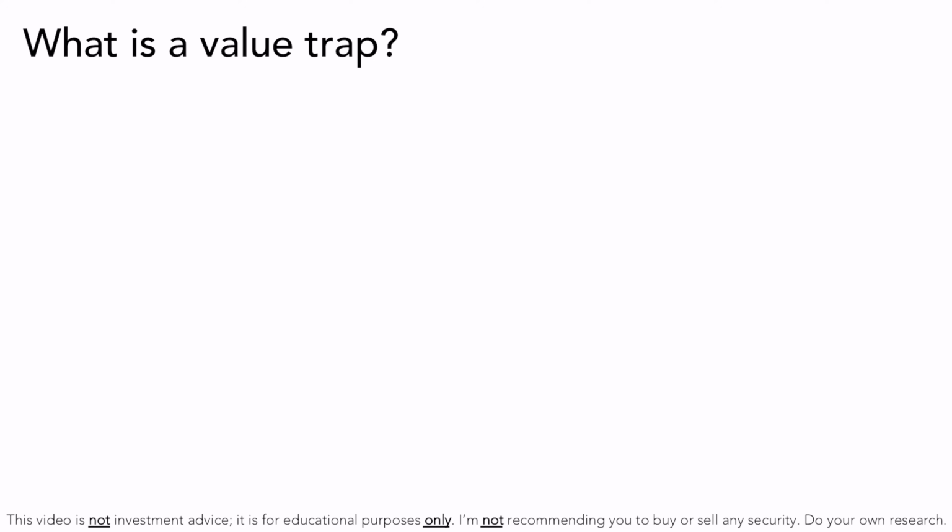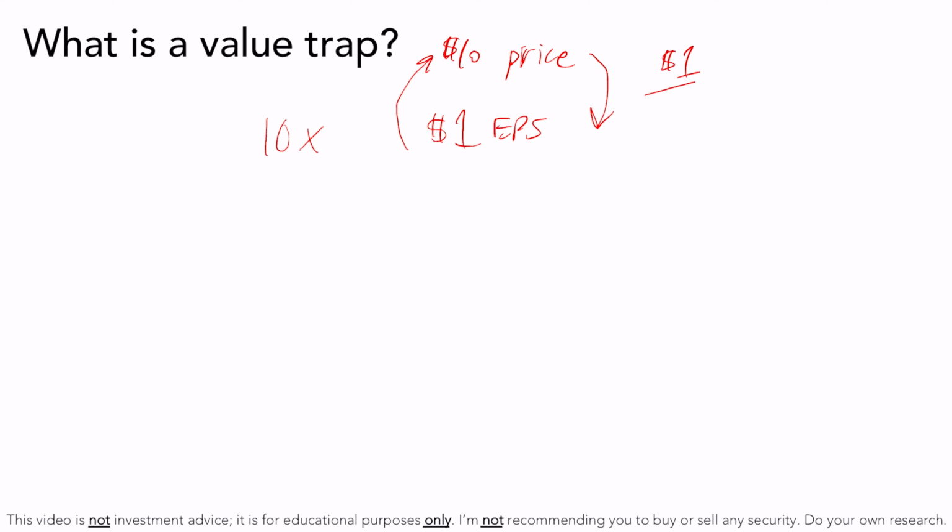So let's say we've got a stock right now that's trading at a price to earnings ratio of 10 times. In other words, for every $1 of earnings, this stock is trading for $10 in price. So if we flip this upside down, we can calculate that a $1 earnings divided by a $10 price equals a 10% earnings yield.